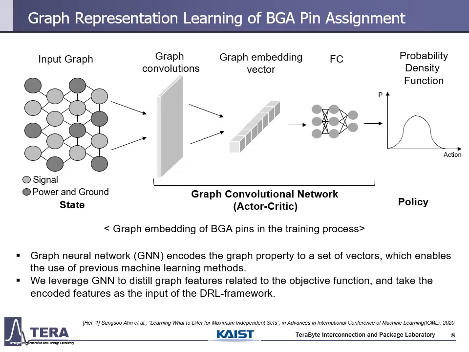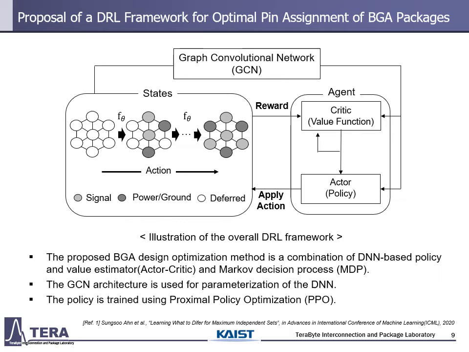And because the graph is transferred to vectors, it enables us to use previous machine learning methods. So finally, we introduce a state-of-the-art reinforcement learning framework for solving the maximal independent set problem. We use this framework as the base framework of our algorithm.